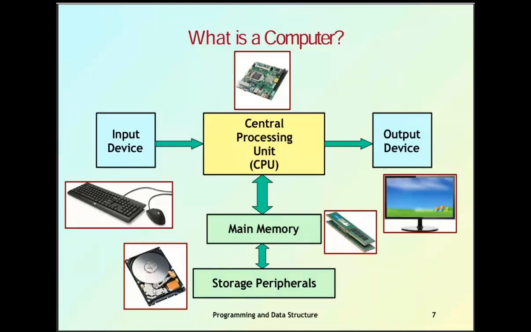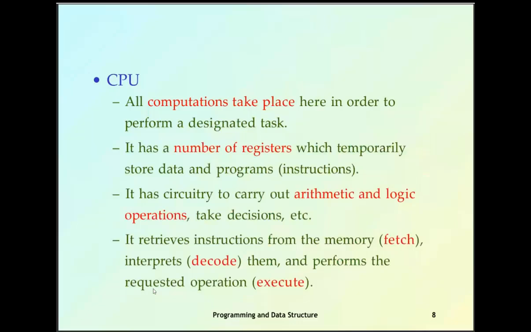Now, let us talk about the CPU. As we have discussed, all computation takes place here in order to perform a designated task. As human beings, we very often provide some sort of task to our computer to perform.